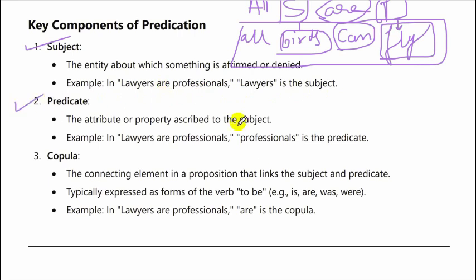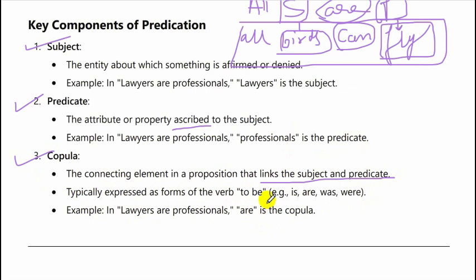So what is a predicate? Again, the attribute or property ascribed to the subject. That is, what is being described about the subject is the predicate. Copula. Copula is the connecting element in a proposition that links the subject and the predicate, typically expressed as forms of the verb to be.